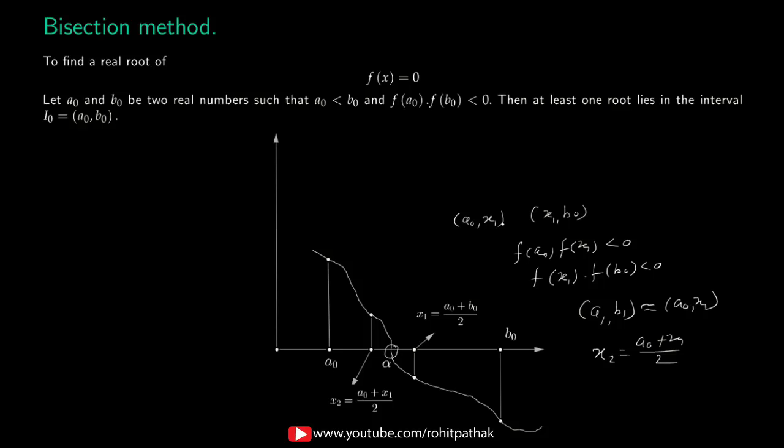So let's write it mathematically. Let x1 = (a0 + b0)/2, where (a0, b0) is the interval containing the root, and the new interval I1 will be (a1, b1) depending on whether the root lies in (a0, x1) or (x1, b0).